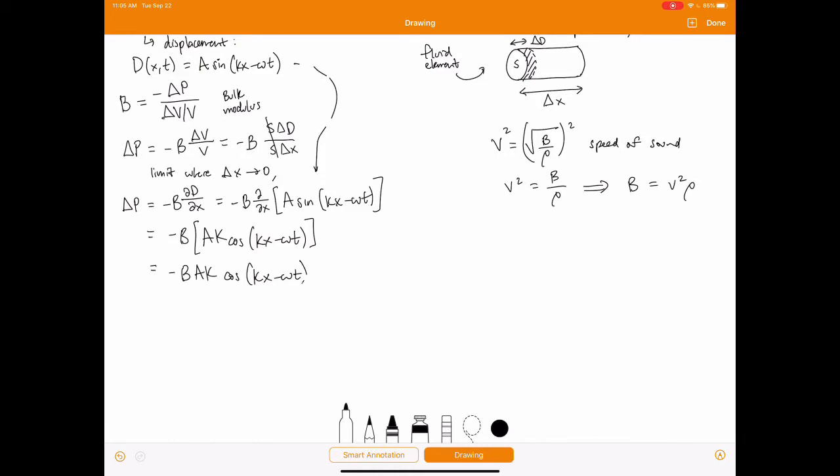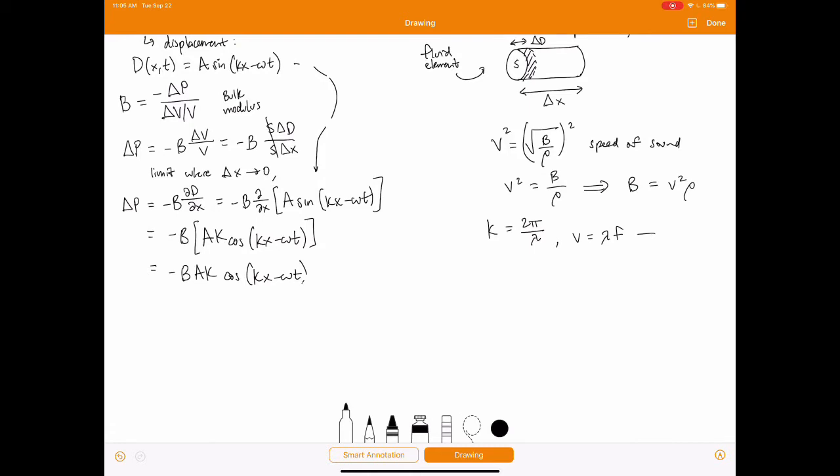Also, remember that k is equal to 2 pi divided by lambda, and v is equal to lambda times f. That's the fundamental relationship between speed, wavelength, and frequency.